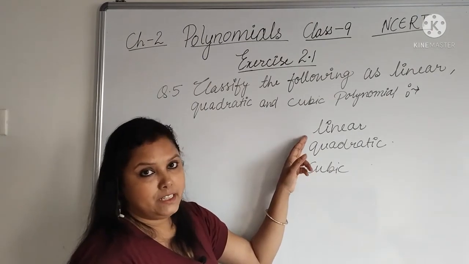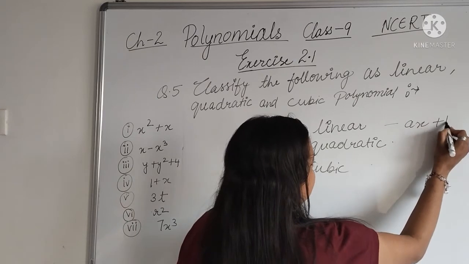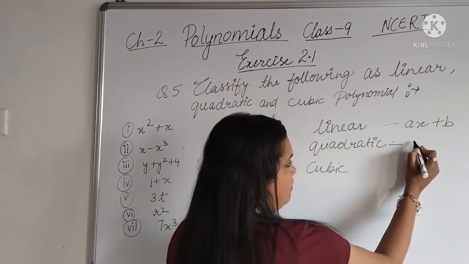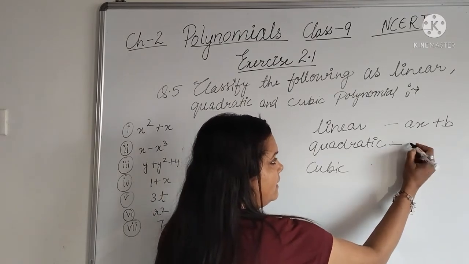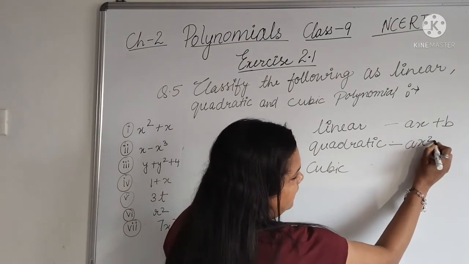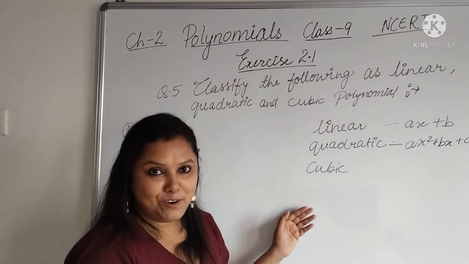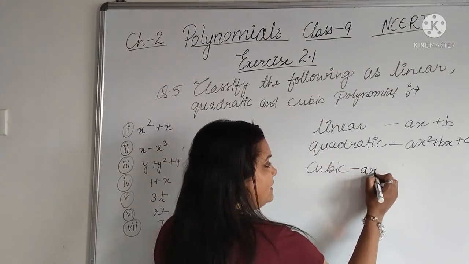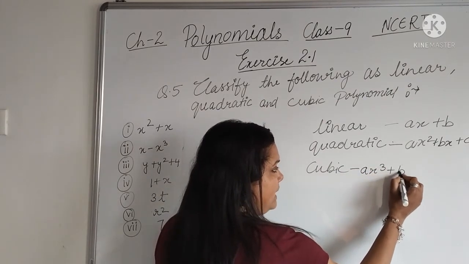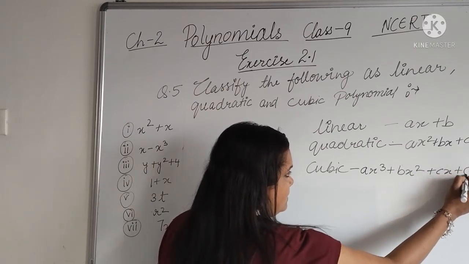The form of a linear polynomial is ax plus b, the form of a quadratic polynomial is ax square plus bx plus c, and the form of a cubic polynomial is ax cube plus bx square plus cx plus d.